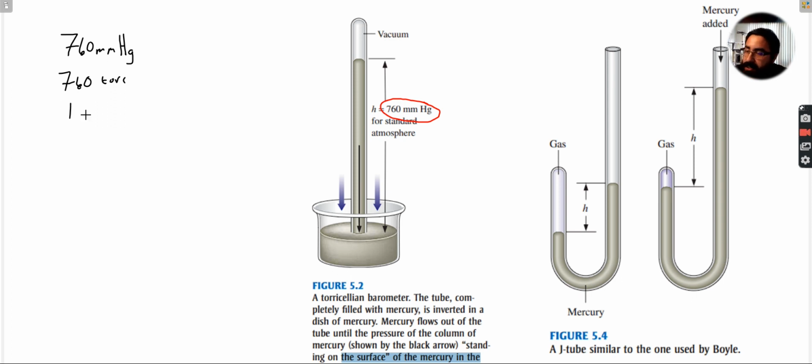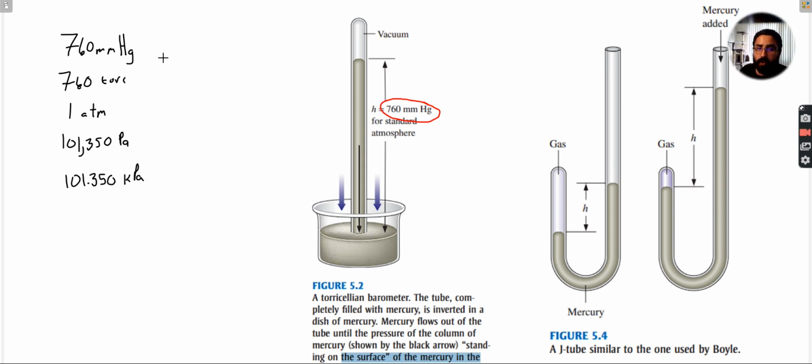And 760 millimeters of mercury is what we call 1 atmosphere, which is the same thing as 101,350 pascals, which is, I think there's a 1 after that, but I'm not going to check right now. The same thing as 101.350 kilopascals.